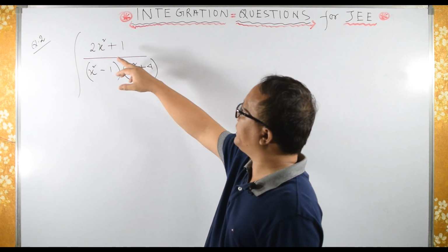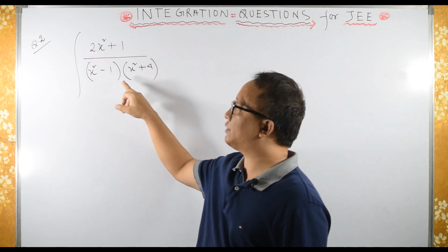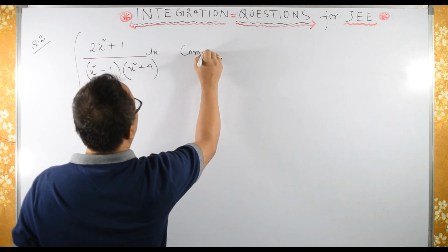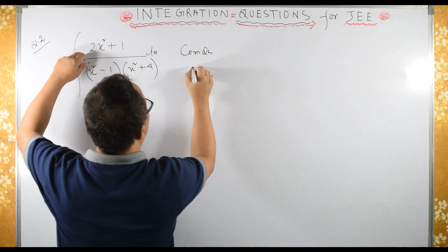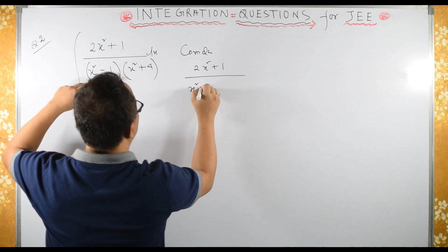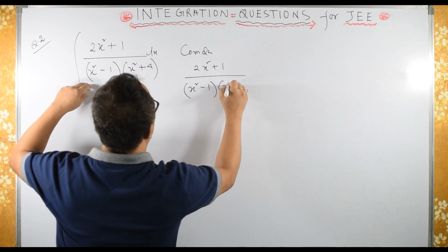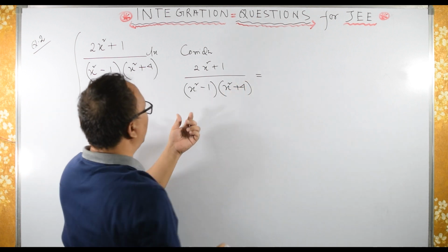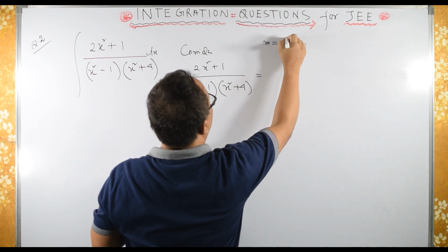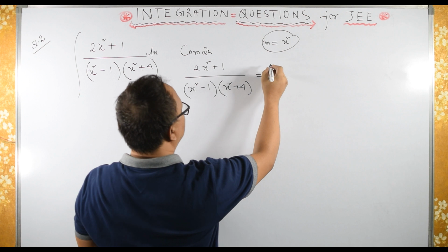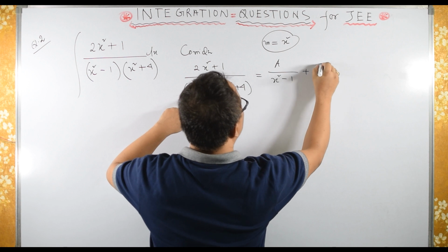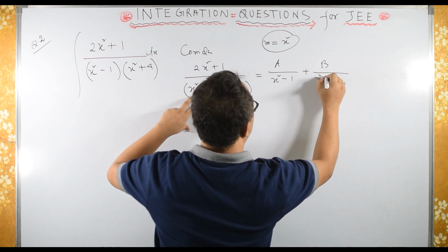Now, since x squared appears in both factors, we can consider x squared as some m. So (2x squared plus 1) upon (x squared minus 1)(x squared plus 4), considering x squared as some m, I will write as a upon x squared minus 1 plus b upon x squared plus 4.